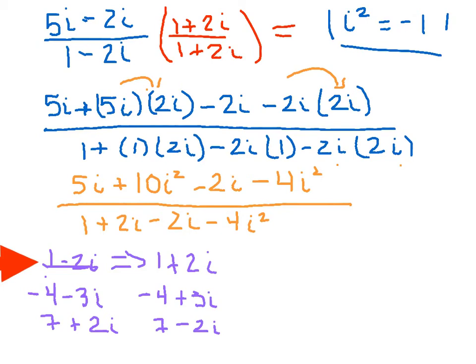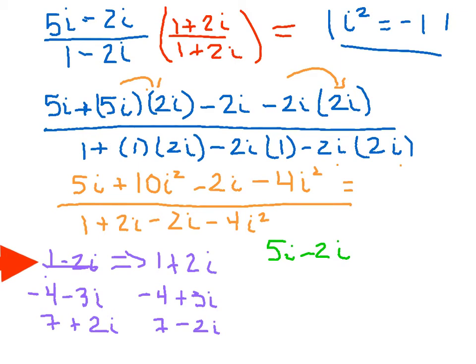So in the numerator, I'm going to move this over here. This gives me 5i minus 2i, so I gathered up my i terms.